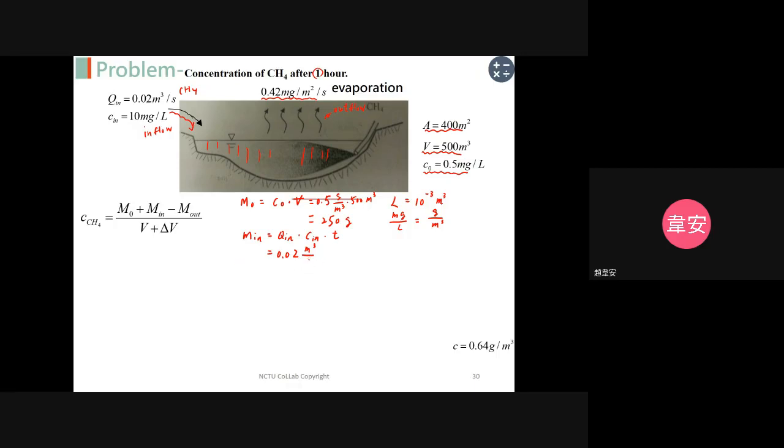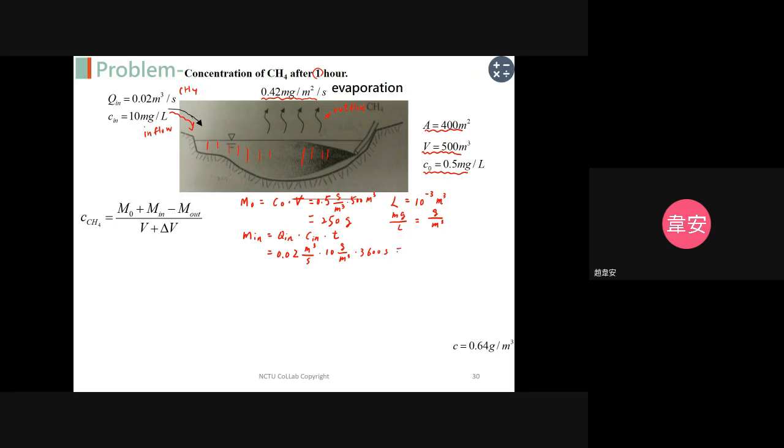And the concentration is 10 g divided by cubic meter. And what is the time? Time is 1 hour, so it's equal to 3600 seconds.